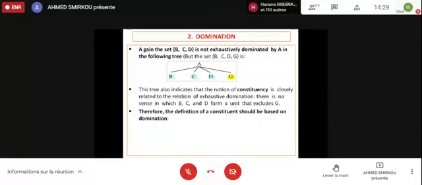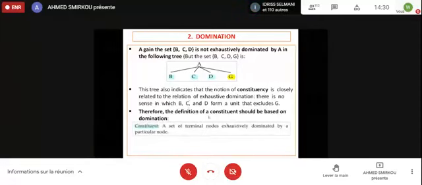Yes, a constituent, for example B, C, D, G, is a group of words that is dominated by the same node. So this is the definition of constituent based on domination.